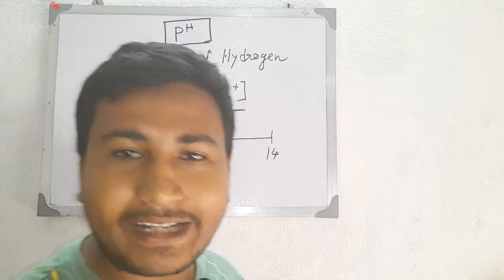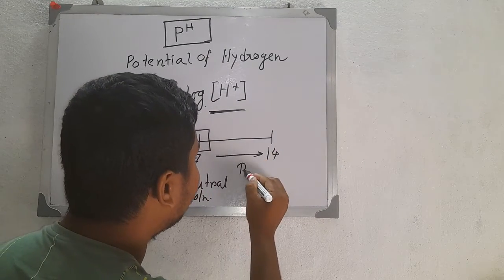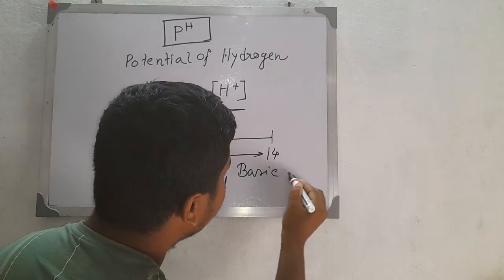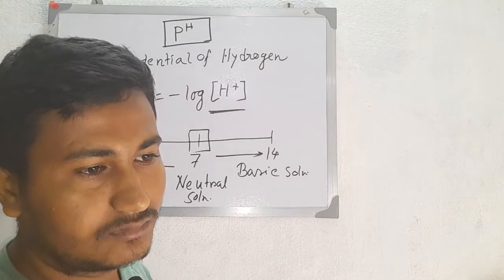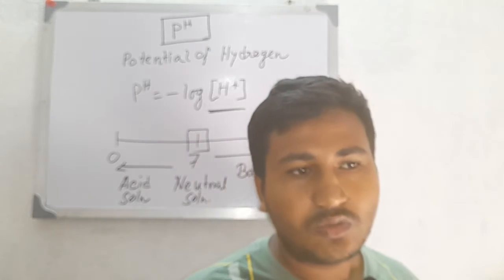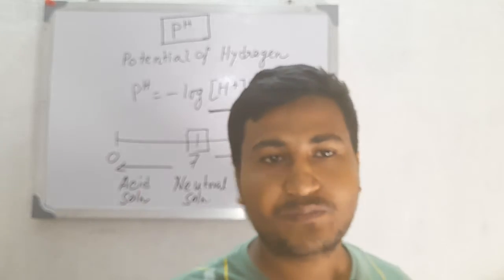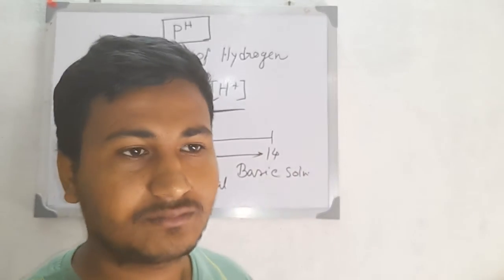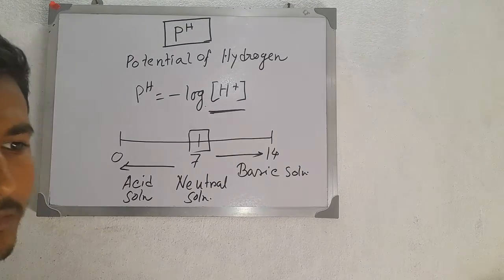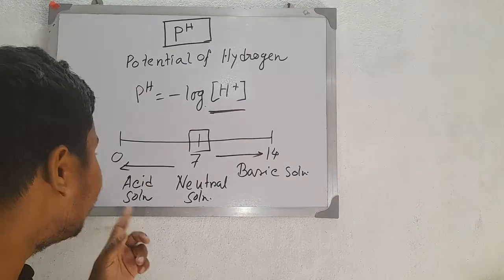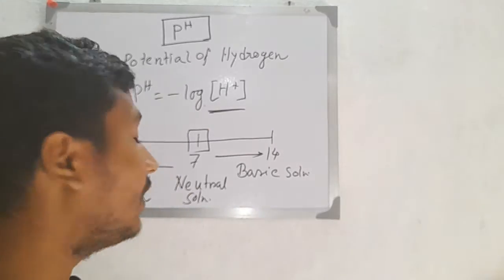If pH is greater than 7, then they are basic solutions. Now, we measure acidic strength with the help of pH. If pH is less than 3, which means if the pH range is 0 to 2 or 3, then they are called strong acids.